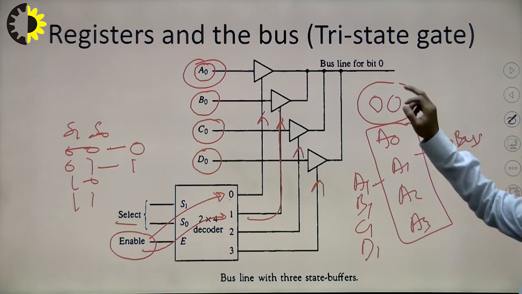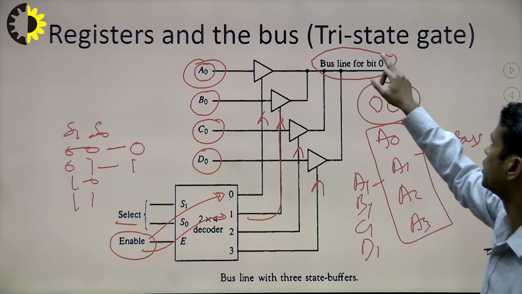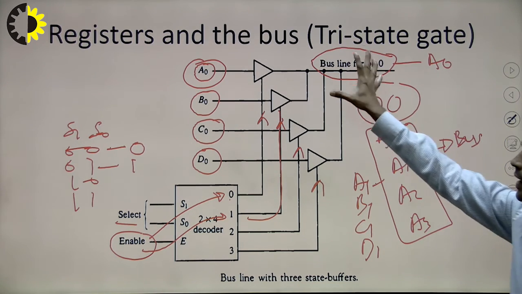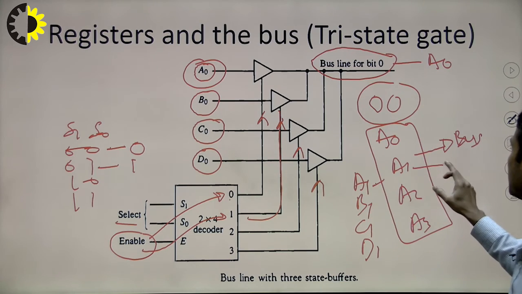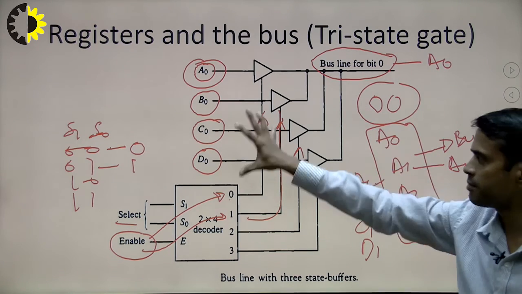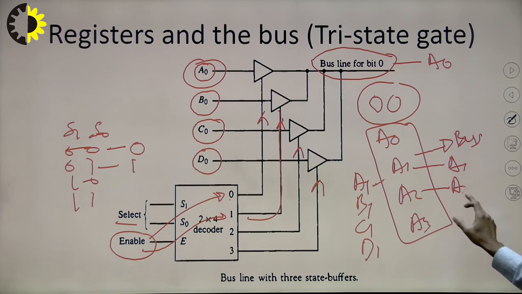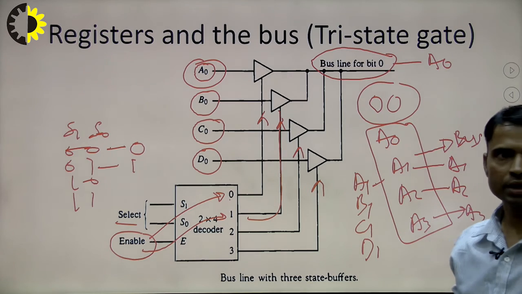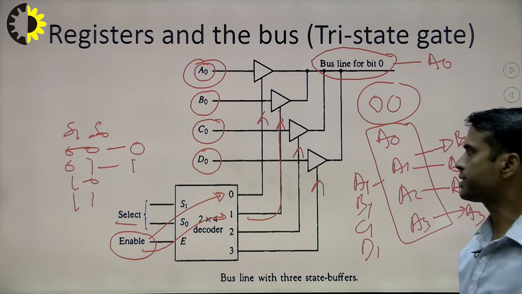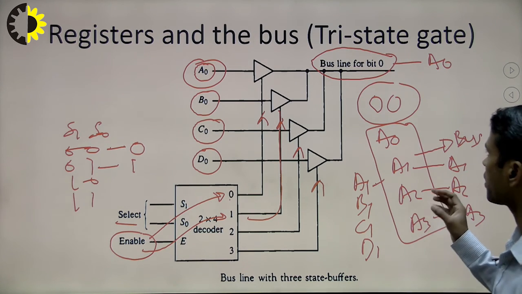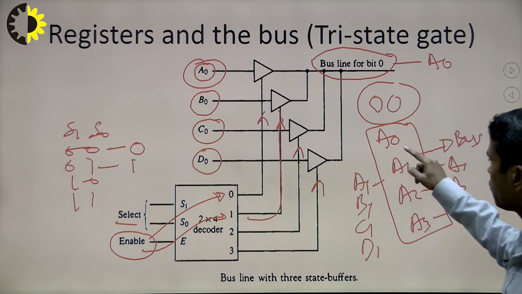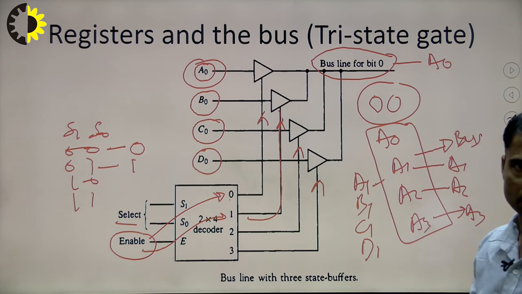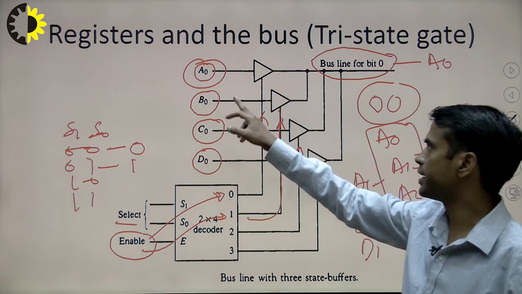But you should note that this transfers only 1 bit. It will transfer the A0 bit. There will be the same circuit that transfers the A1 bit, the same circuit that transfers the A2 bit, and the same circuit that transfers the A3 bit. A numerical question can be asked in your examination: for this example of 4 bit registers, and there are 4 registers, how many tri-state gates will be required?